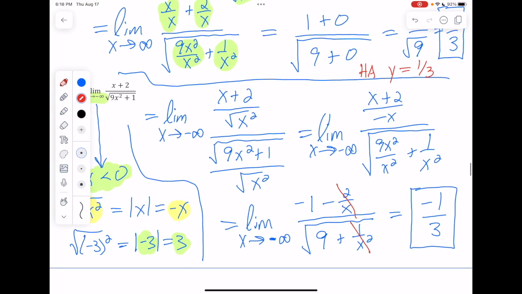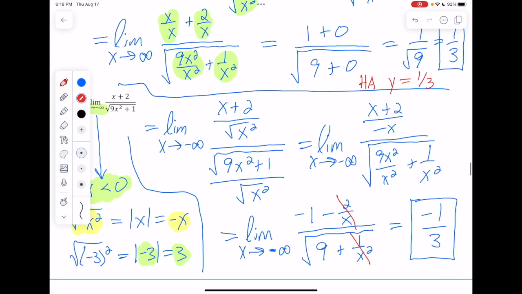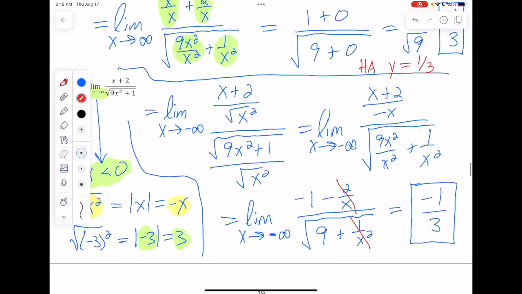But as x goes to negative infinity, the limit is negative 1/3. So according to that, this graph should also have a horizontal asymptote of y equals negative 1/3, but that's only going to happen on the left as we go to negative infinity. Can this craziness really be true?